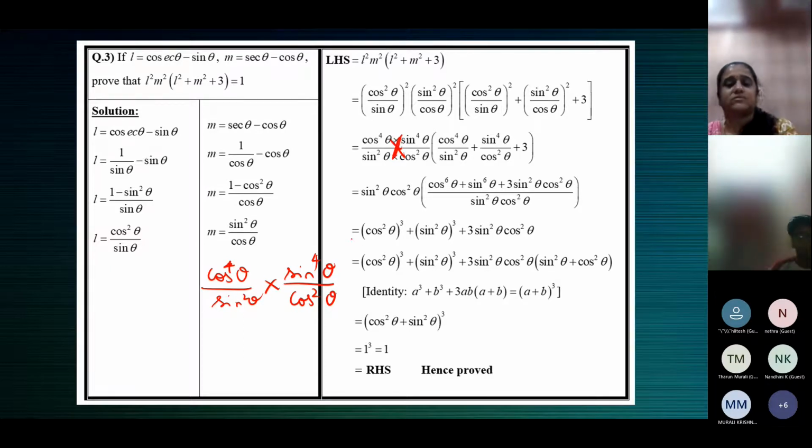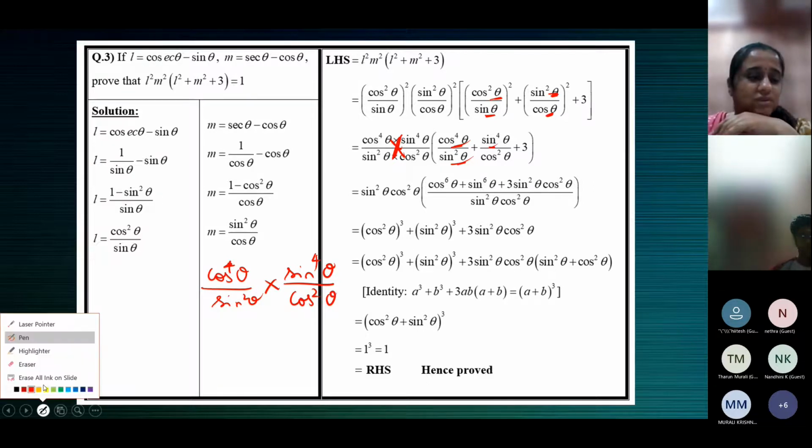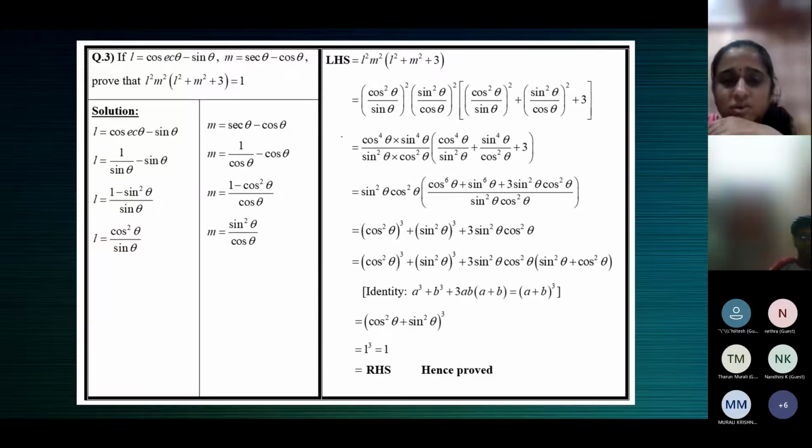That's also fine. And in the bracket, this one again, see here, cos theta to the power 4 by sine square theta, then sine theta to the power 4 by cos square theta when you square it, plus 3. Don't get confused. You can just put one multiplication sign also in the middle like this.